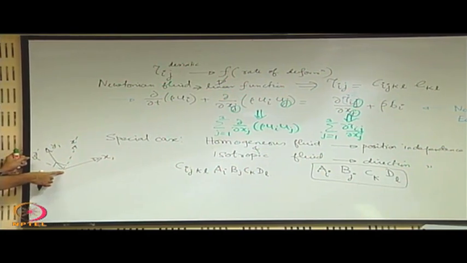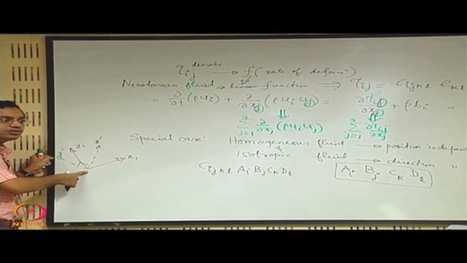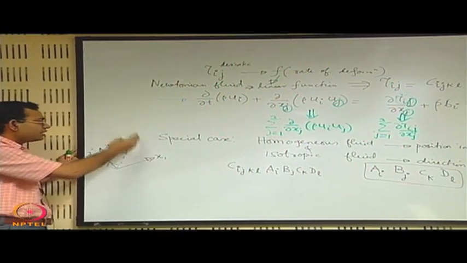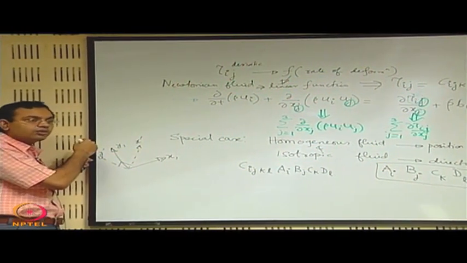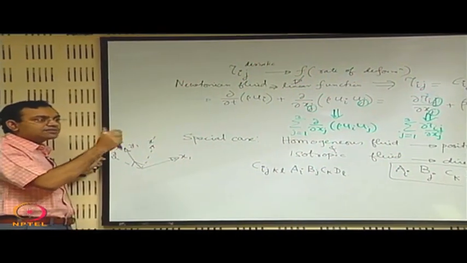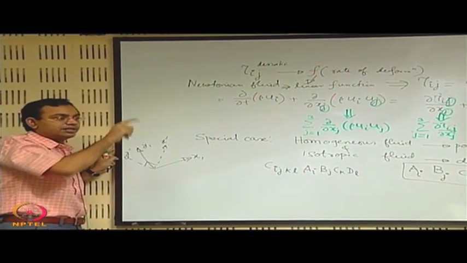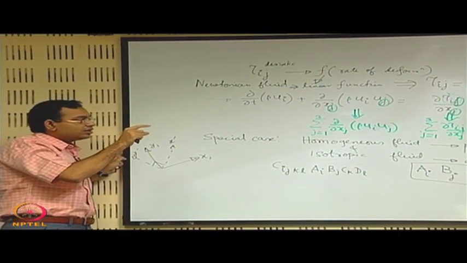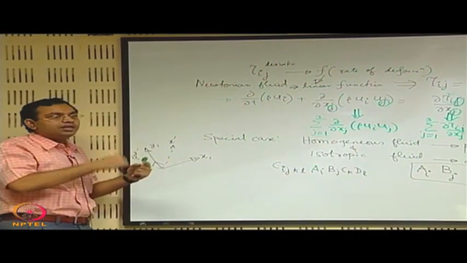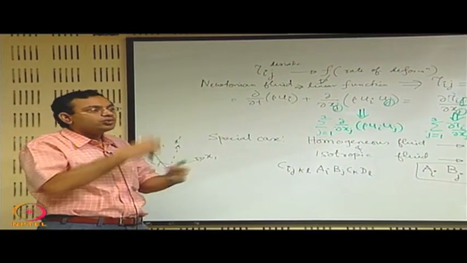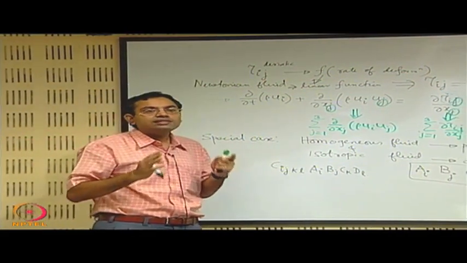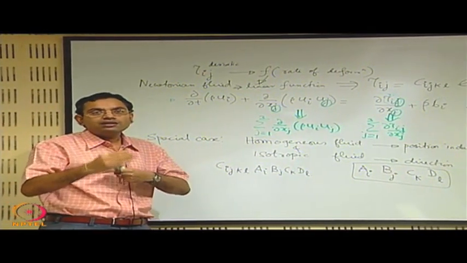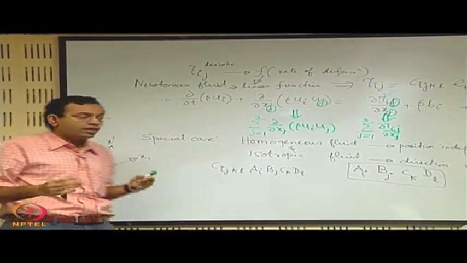When we talked about this rotation, we talked about maybe one vector oriented along x and another oriented along y, and this vector combination was rotated. After rotating it, the constitutive behavior described through the new orientation is the same as the description through the old orientation. That is the implication of isotropy.